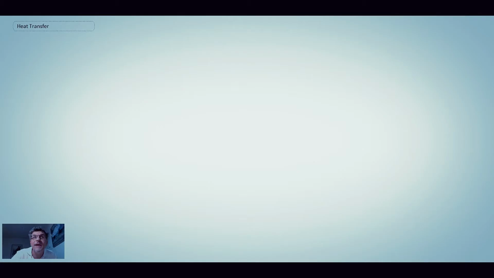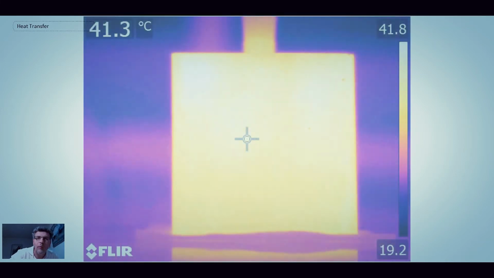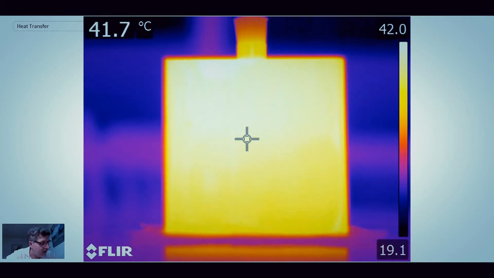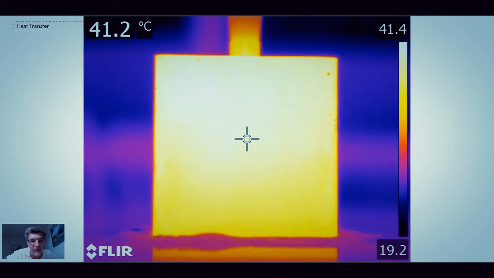Well, that is a perfect demonstration of the concept of emissivity, because what we saw was that for white, gloss black, and flat black, the temperatures measured with the IR camera were all pretty accurate to what we had with the thermometer.